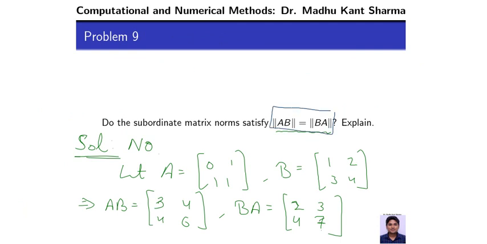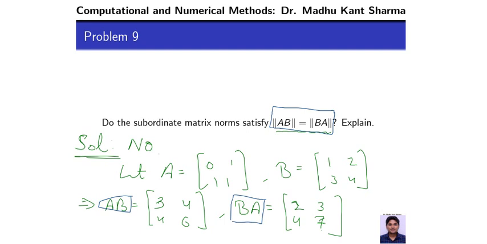Okay, and you recall the infinity norm of the matrix, if you recall from the lectures, is nothing but the maximum over row sum, say the one norm of the row vector, maximum over one norm of the row vector. So if you calculate the infinity norm for AB and BA, which are as follows.